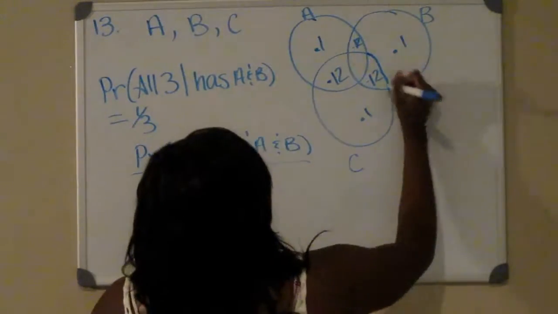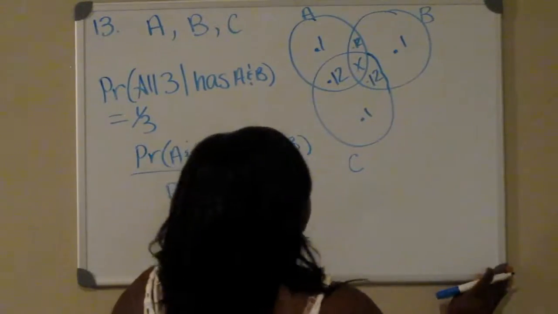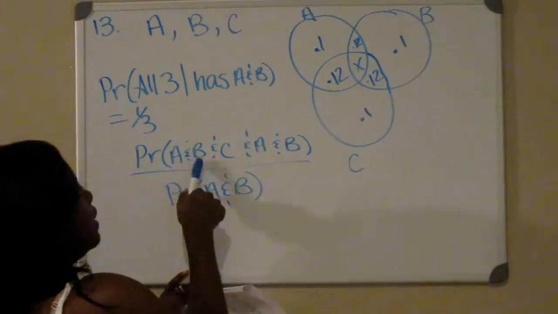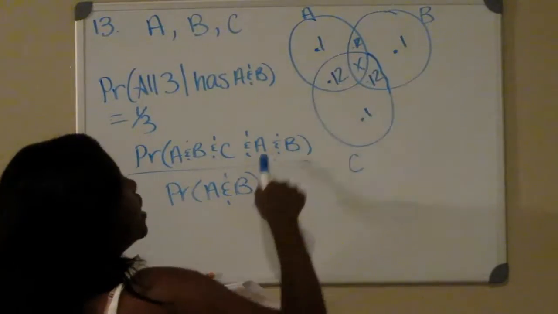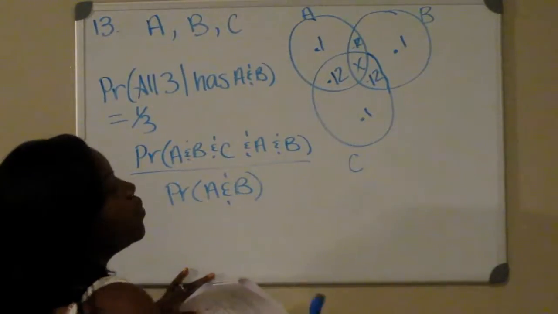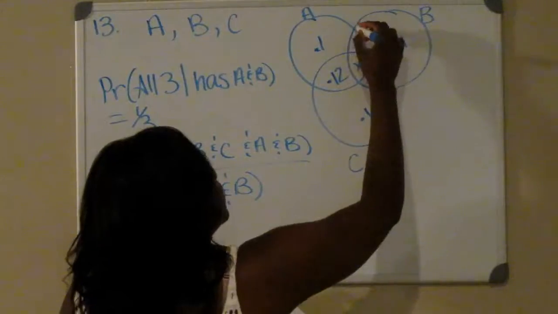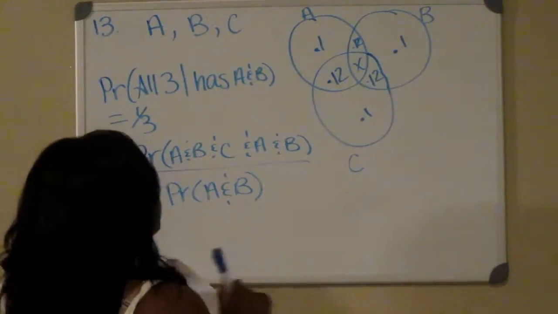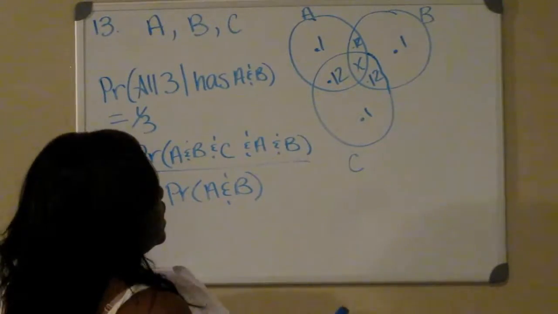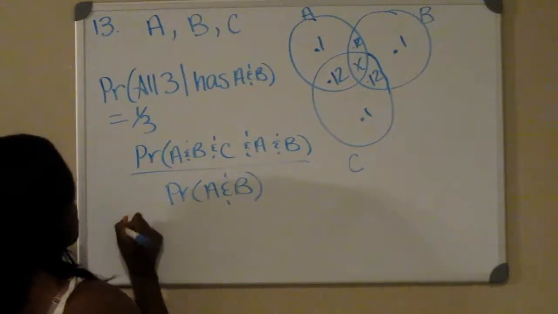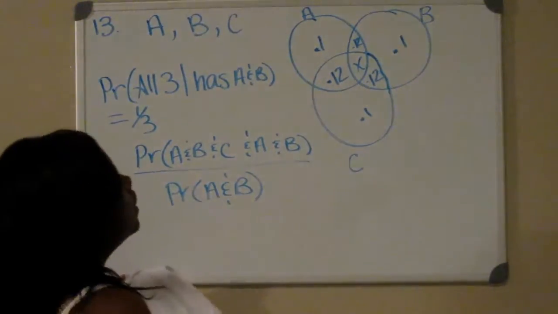So I'm going to call this X. A and B and C is this little thing right here, and A and B. What is inclusive of all of that? This is A and B. Okay, so we want the probability of A and B and C and A and B. What does that equal by looking at our graph?